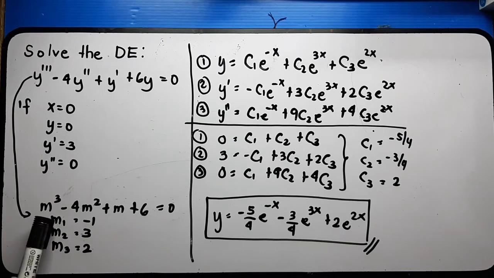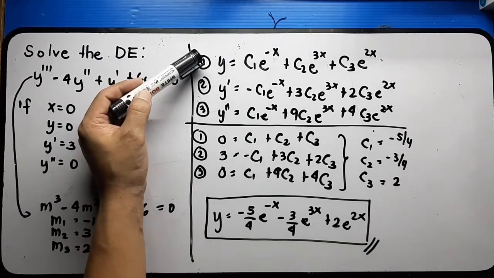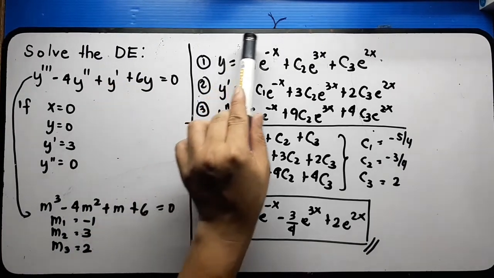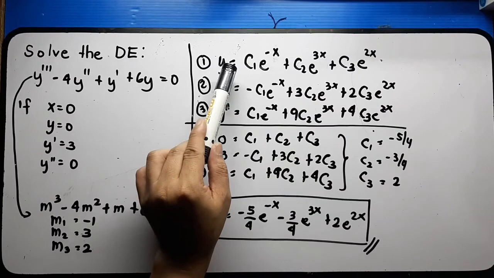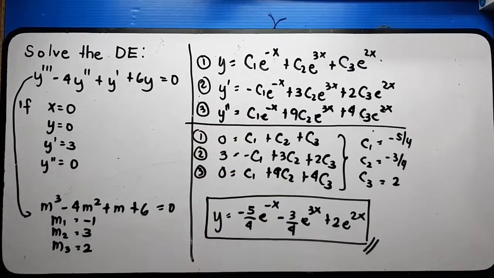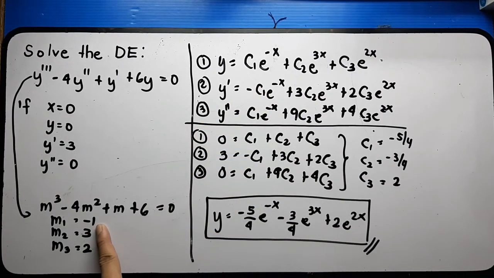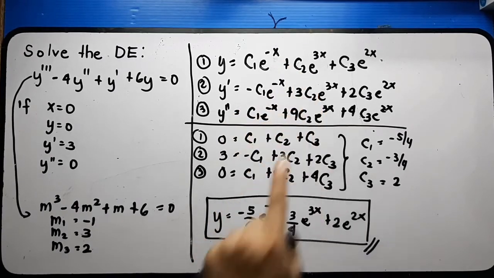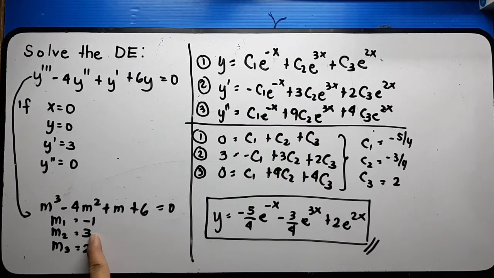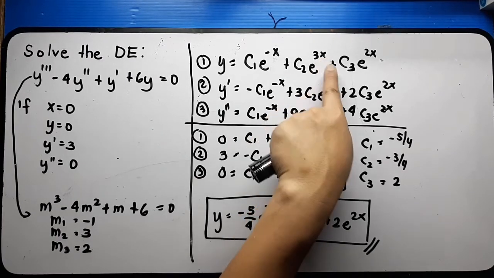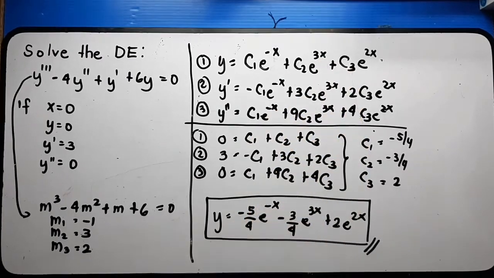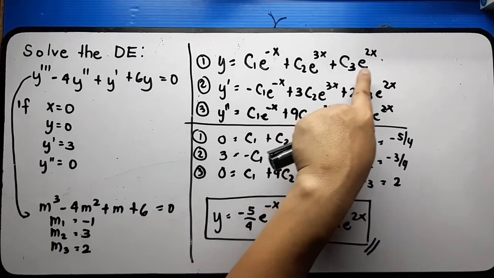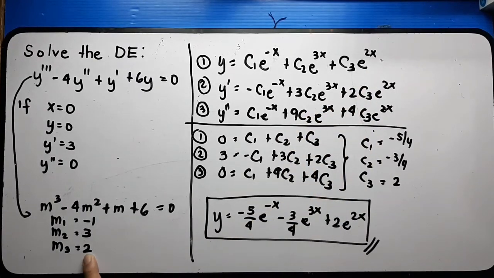So using these values of m, we have this general form: y equals c1e raised to this root, then with x, plus c2e raised to this root 3 with x, plus c3e raised to the third root 2 with x.